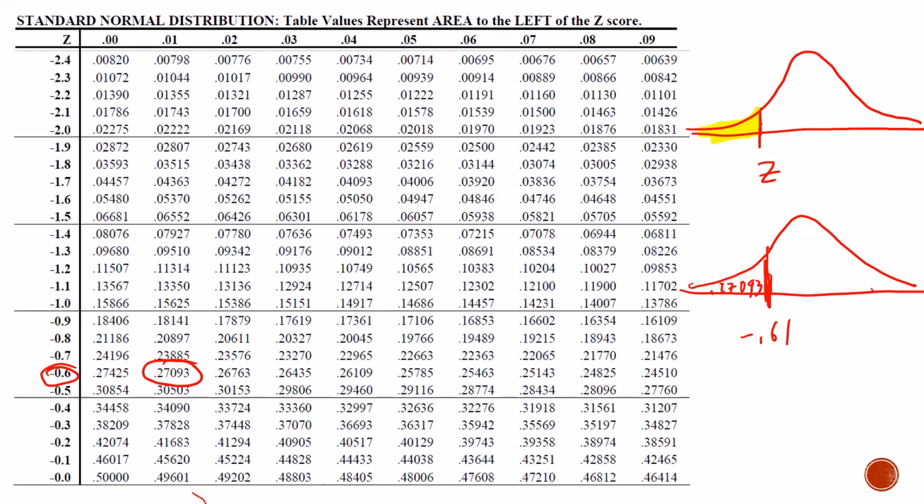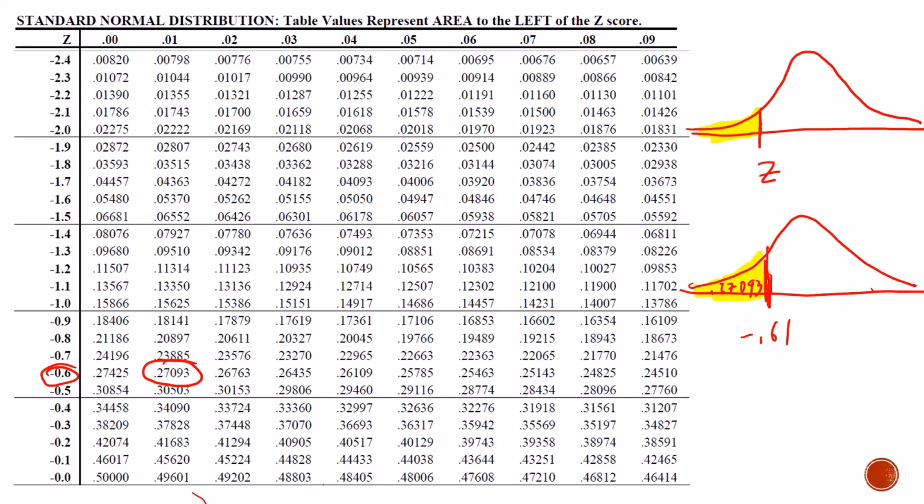So roughly 27% of your area is to the left of negative 6.1. And that's why all of the numbers in the table on this side are less than a half, because we're looking at area to the left of some vertical line that is left of center. Does that make sense why these numbers are less than 1/2?